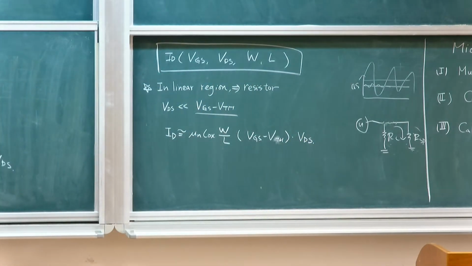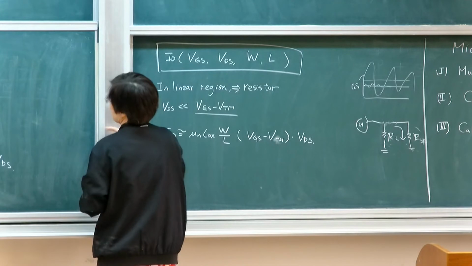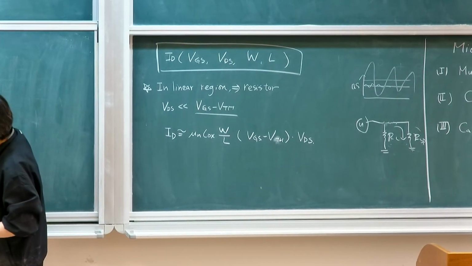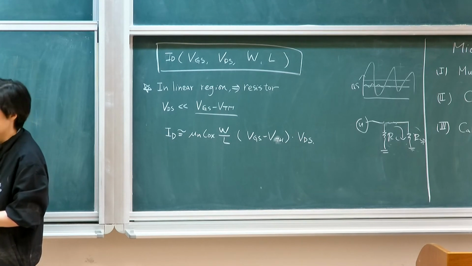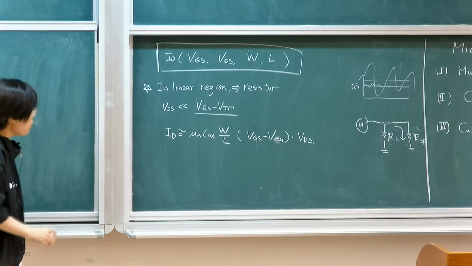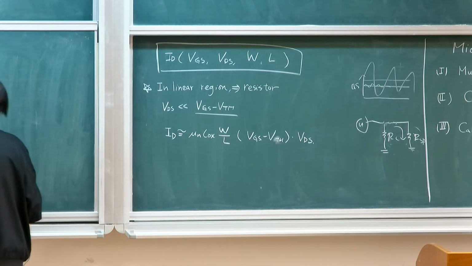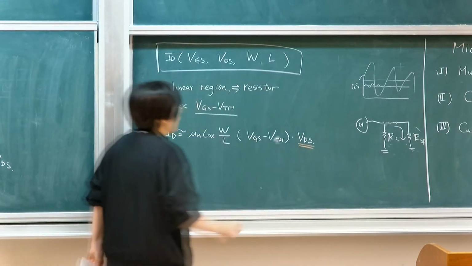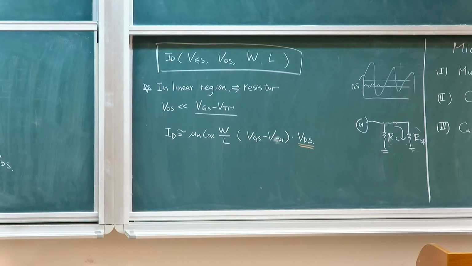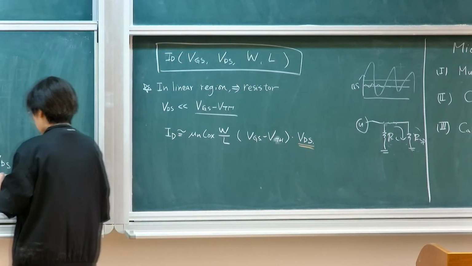If I'm giving you a constant bias, this is the operation region I'm talking about, before it turns. So when VDS is very small, you will see that your ID is linearly proportional to VDS. So this simply looks like a resistance, and you actually see a resistive behavior.